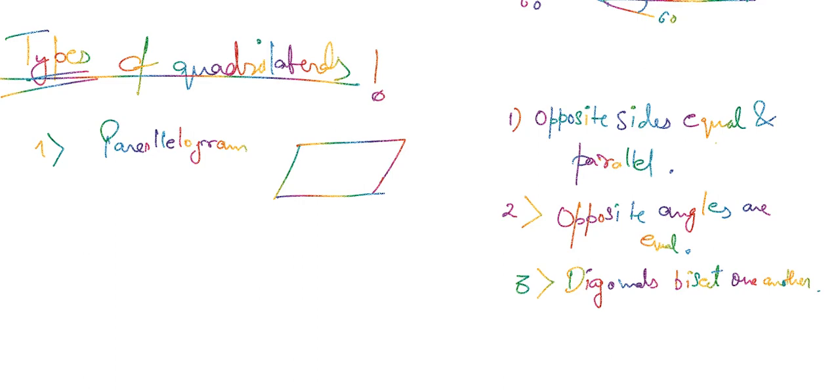Seems clear? So opposite sides are parallel, and the diagonals bisect each other.